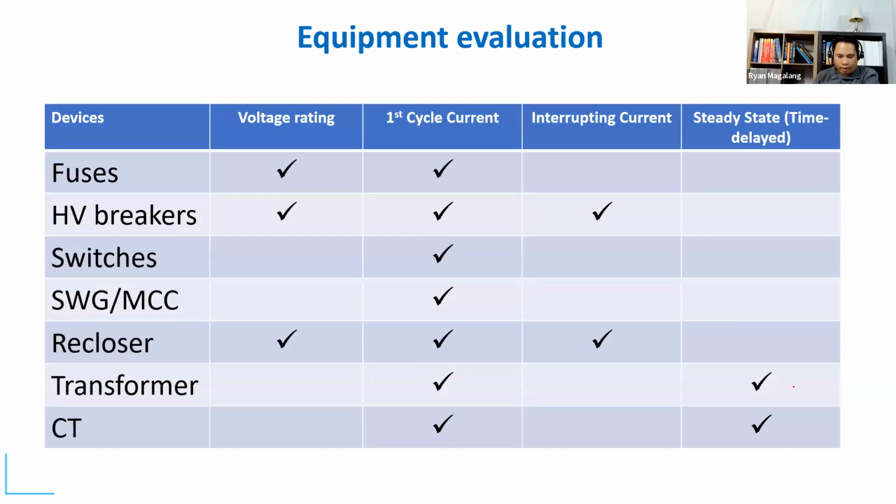Meaning, like I said, your high voltage breakers, your reclosers, even your MCCBs, are rated for a certain level of symmetrical and asymmetrical current. And I'm going to show why that matters later on.